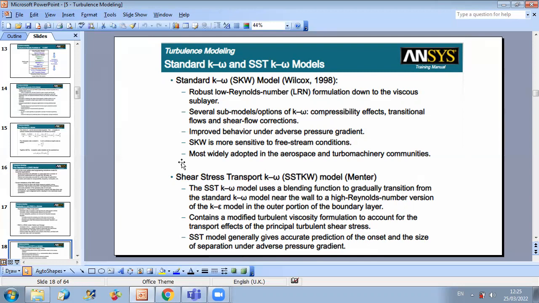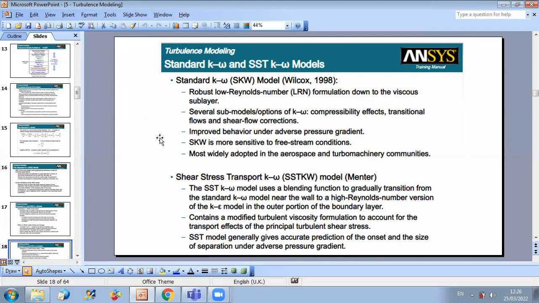And it was shown that the standard K omega model is a robust low Reynolds number formulation down to the viscous sublayer. So it shows good performance in low Reynolds number zones. And we have several submodel options for K omega. It can include compressibility effects, transitional flows, and shear flow correction. In addition, it showed improved behavior under adverse pressure gradient.